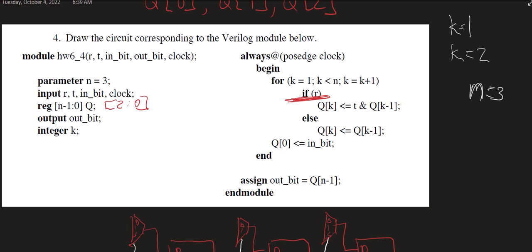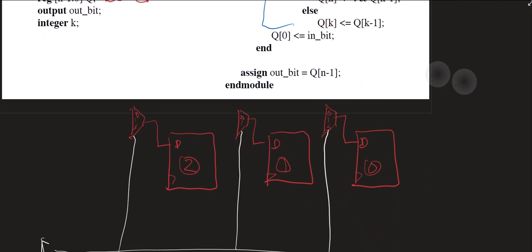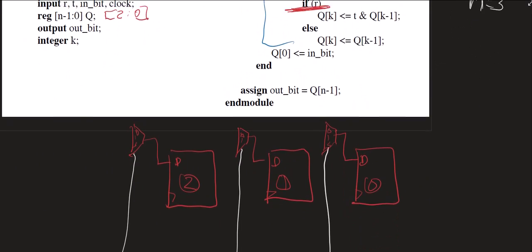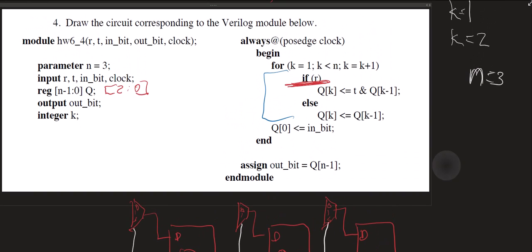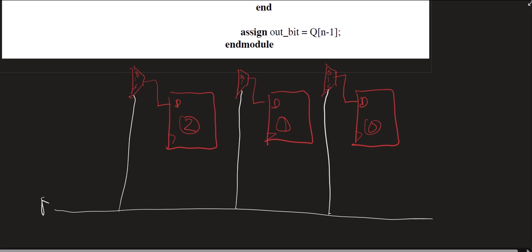So we're not going to go any higher, because once we get to 3, then we're no longer less than n. So we're only going to do these 2 steps for k equals 1 and k equals 2. K equals 1.